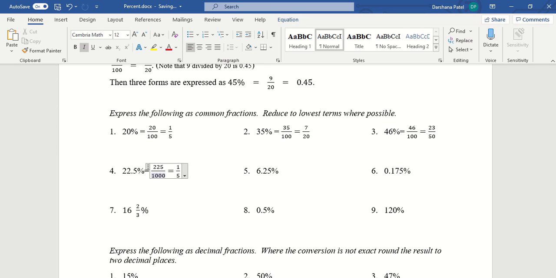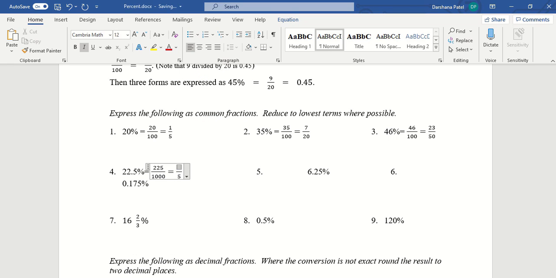Now 225 over 1000 can be reduced to 9 over 40.